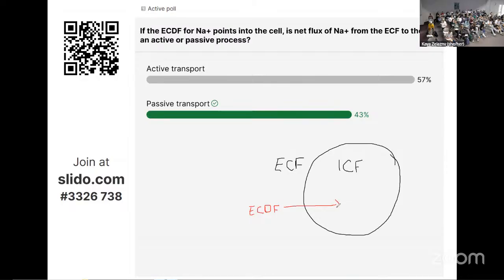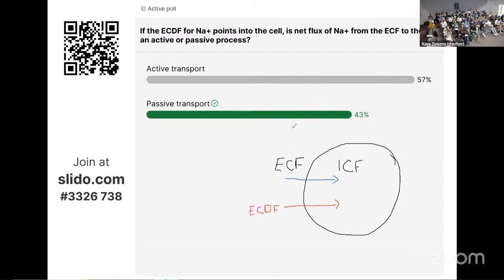And so we're asking whether movement of sodium from the ECF to the ICF is active or passive. What we mean by that: active transfer is going to require energy input like ATP. Passive is not going to require an energy source.